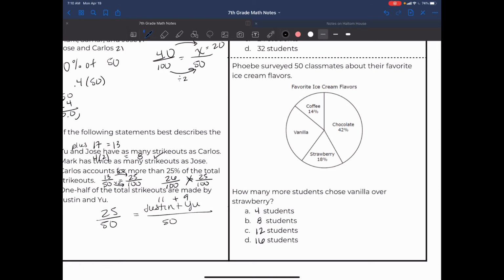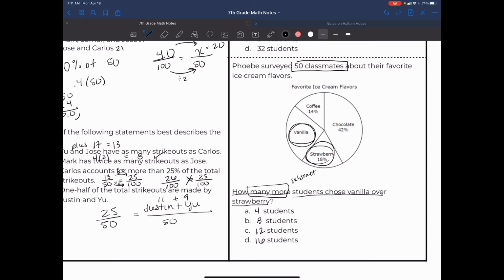Let's get into it. Phoebe surveyed 50 classmates about their favorite ice cream flavor. So I already know my total is out of 50 classmates. How many more, that's important. How many more? That means I'm going to subtract at some point, right? Students chose vanilla over strawberry. So I need my strawberry percentage, my vanilla percentage, and 50 as my total.